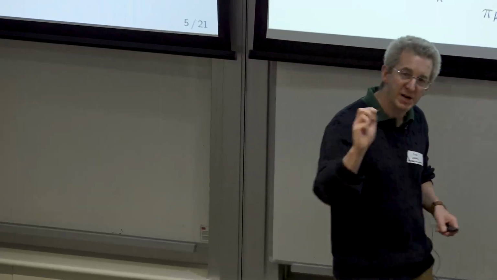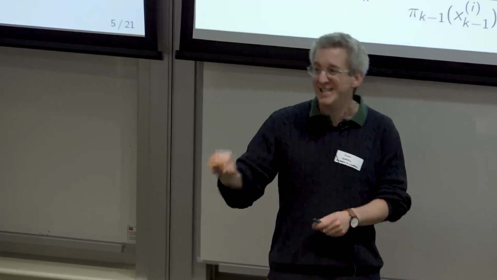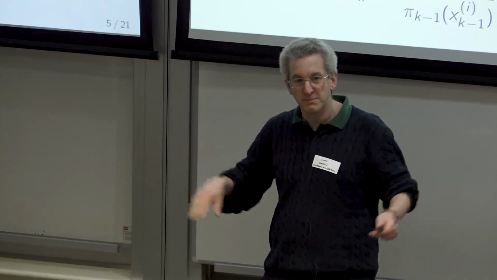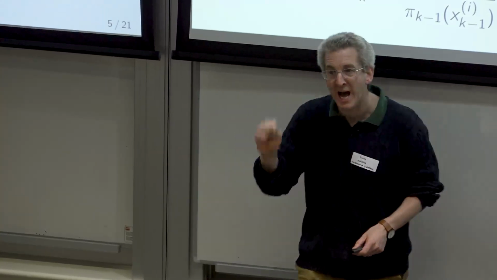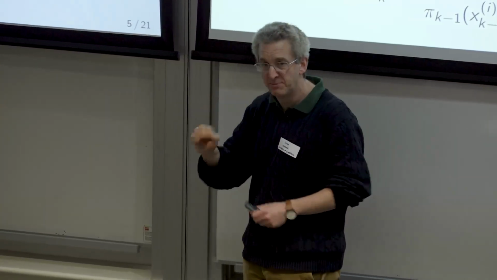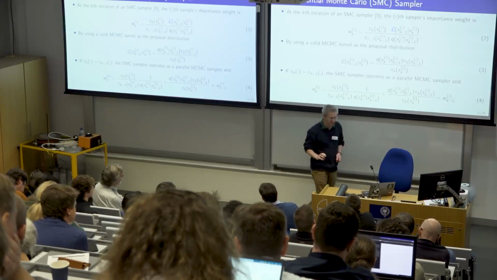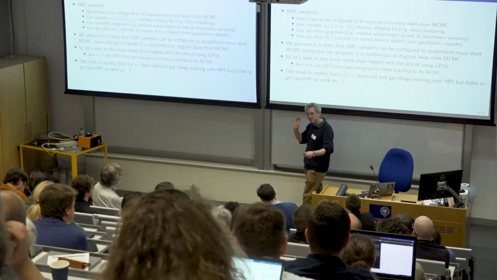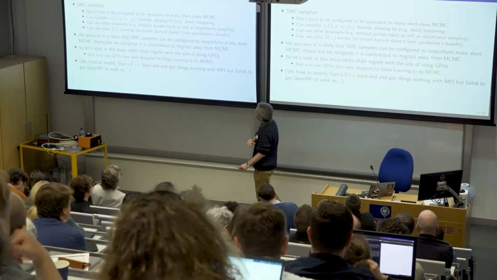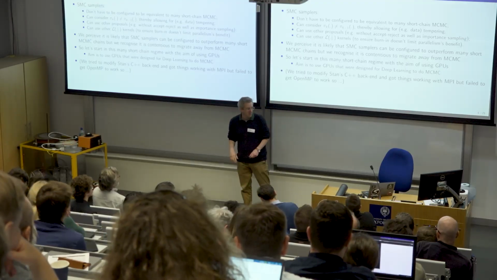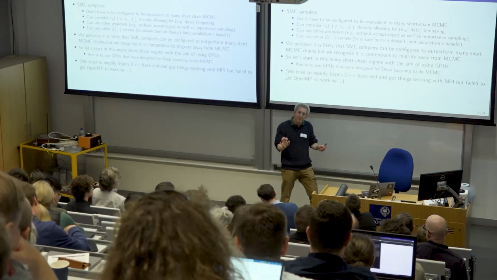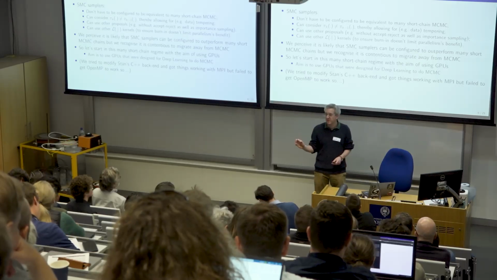So a slightly weird configuration of an SMC sampler is exactly multi-chain MCMC, and it's a suboptimal SMC sampler.